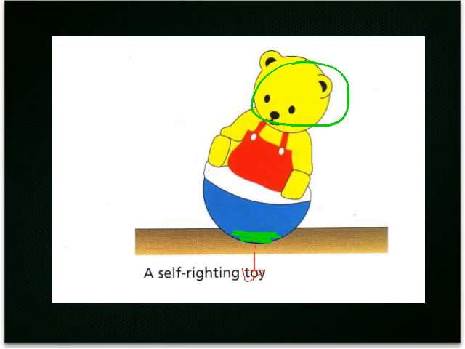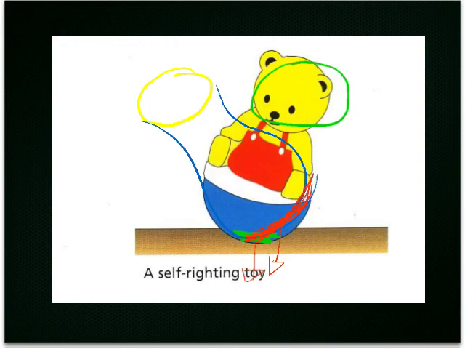Now if you rotate the toy over on an angle, the centre of gravity is still way down here and it's still going through the effective base.